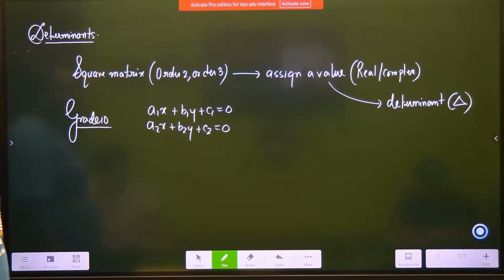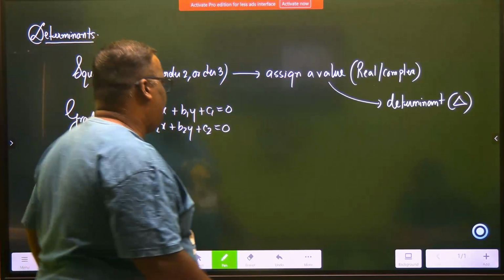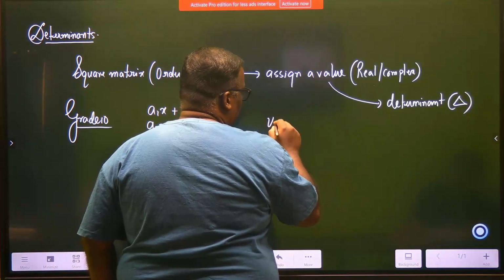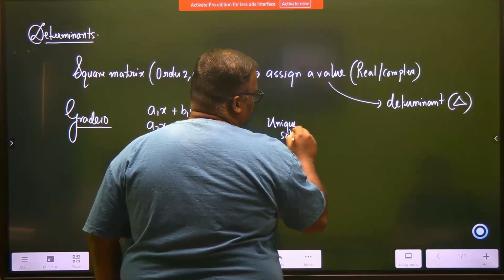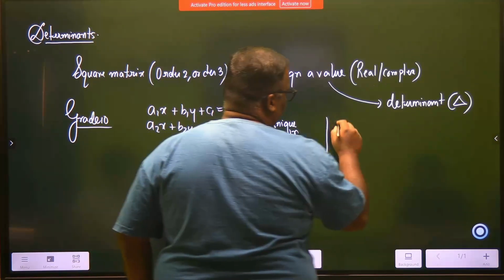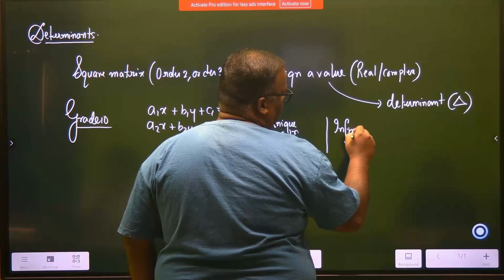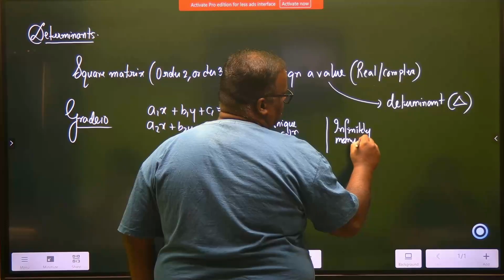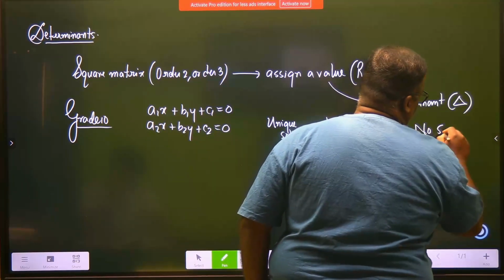And we could solve them algebraically as well as graphically. So depending on the type, you can either have a unique solution, or infinitely many solutions, or it can be that you have no solutions at all.